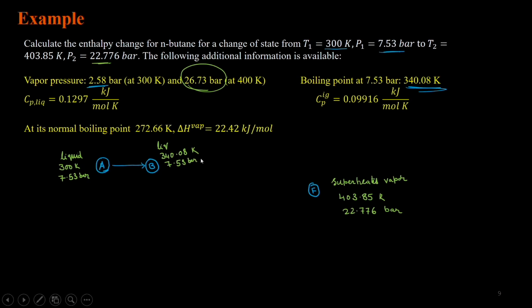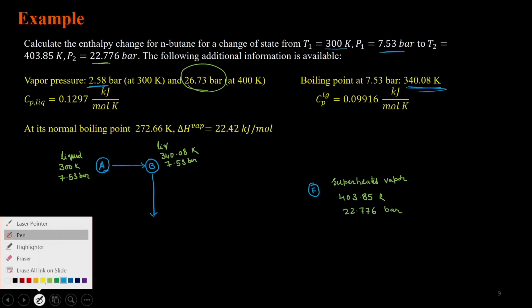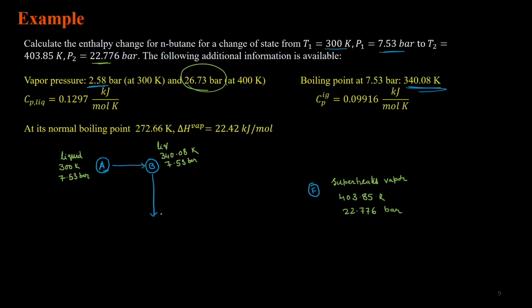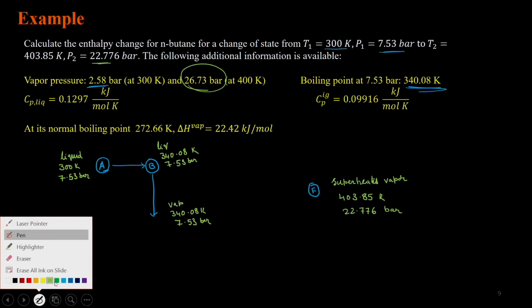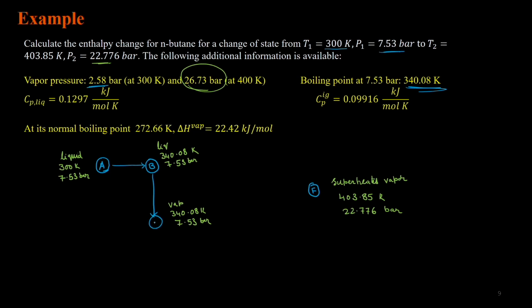So this is liquid to liquid, temperature has changed, the pressure did not change. Then I'll take this B and vaporize it and make it into a vapor at the same conditions, vapor at 340.08 Kelvin and 7.53 bar. Let's call this state C.